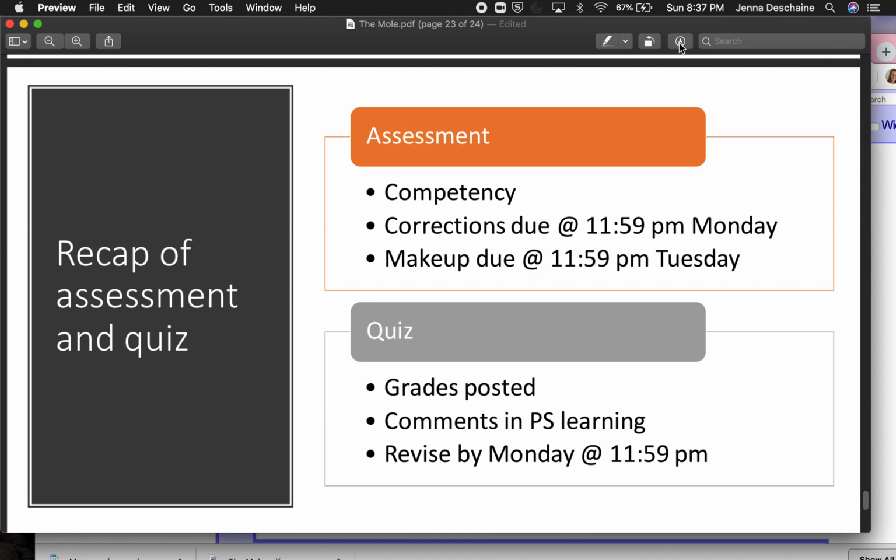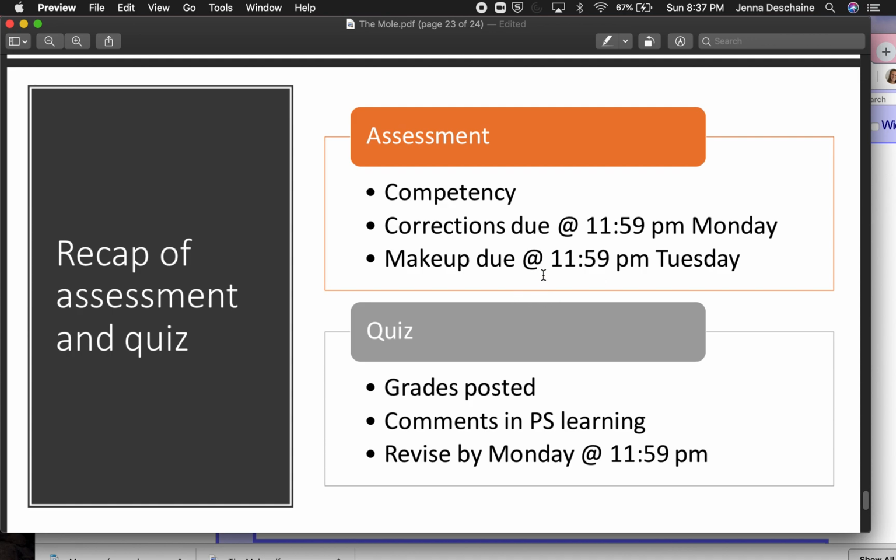So if you happen to get a 1 or you would like to make test corrections, I'm fine with that, but I'm going to hand back your test tomorrow and I need your corrections by, you'll get your test today and I need them corrected by 11:59, okay? And then your actual makeup for the test is going to be due on Tuesday by 11:59. Actually, I feel like I may change that.